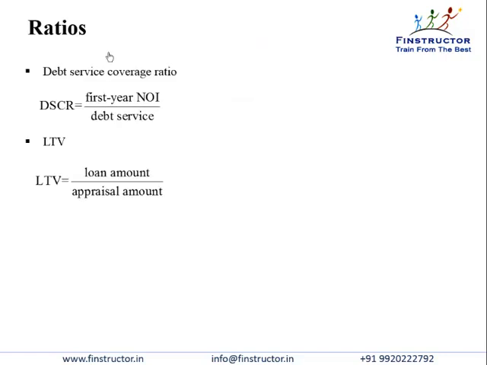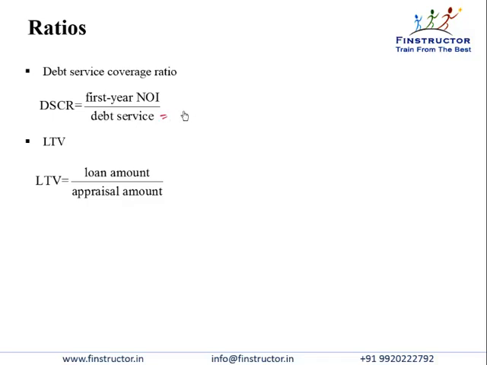Some ratios that we should be careful about and evaluate in real estate. First is the debt service coverage ratio, especially important in private real estate because real estate transactions tend to be big. The price of one unit will also be much higher than buying a stock or any other investment. So normally these are leveraged investments, made after taking on debt, so the debt service coverage ratio is important.